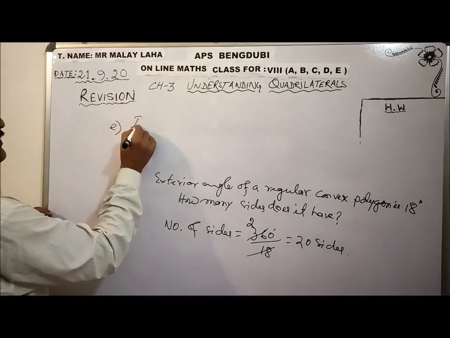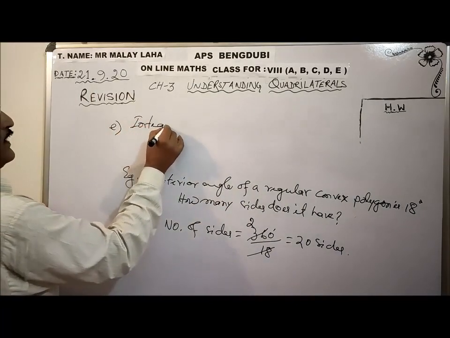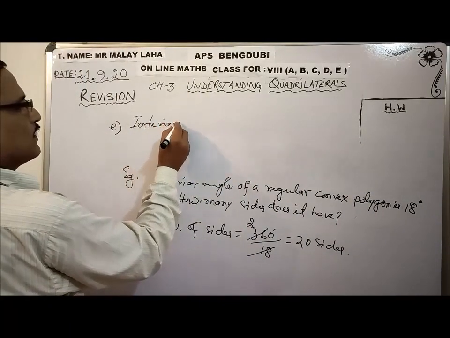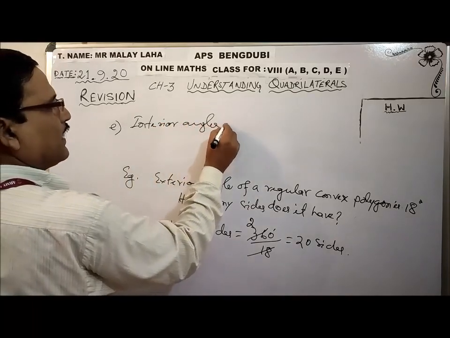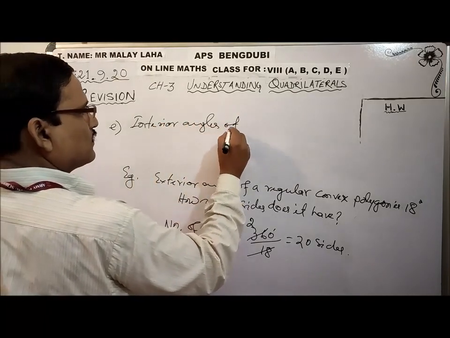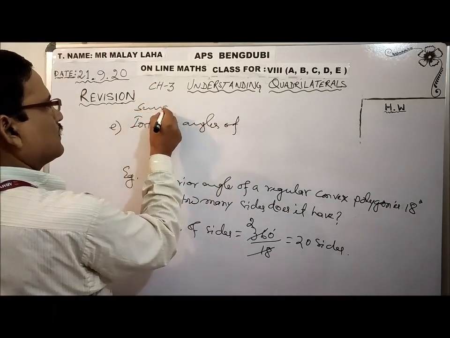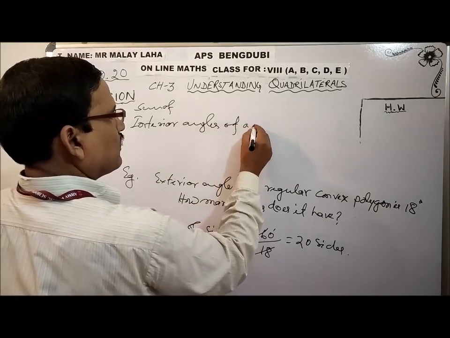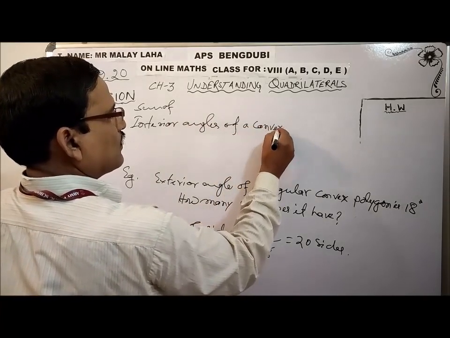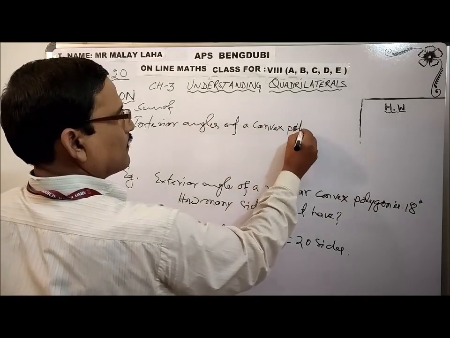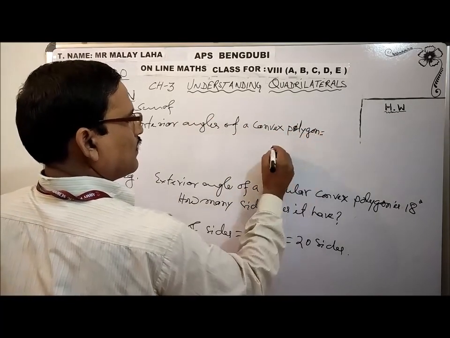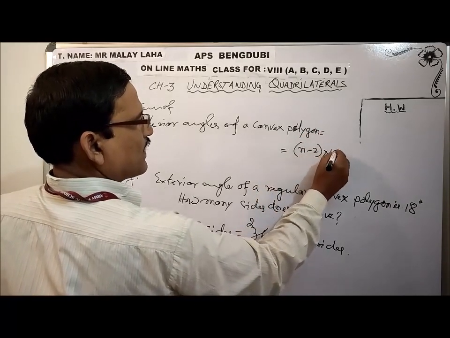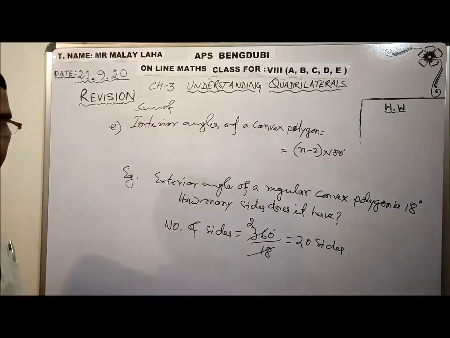So the sum of interior angles of a convex polygon equals (n minus 2) into 180 degrees.